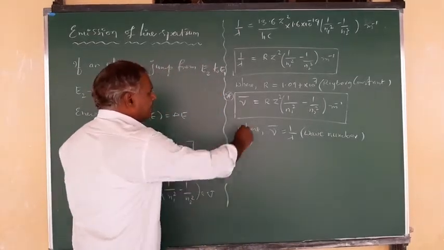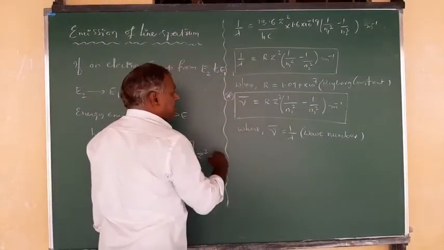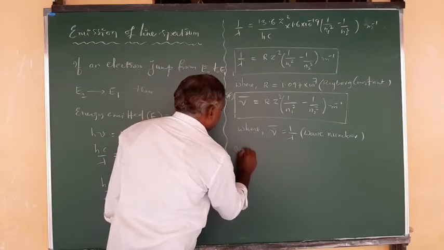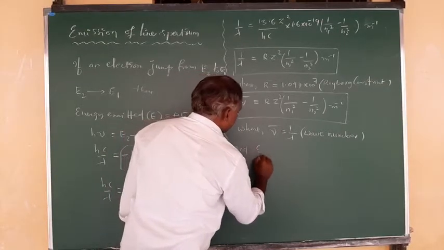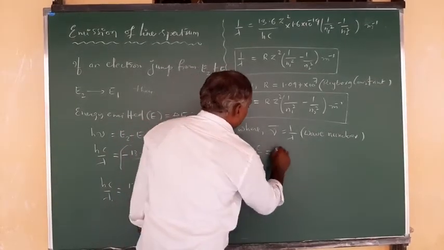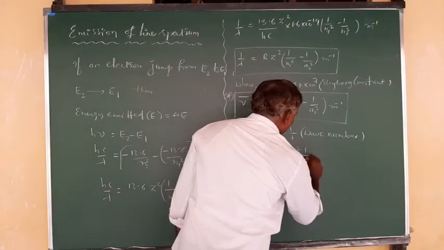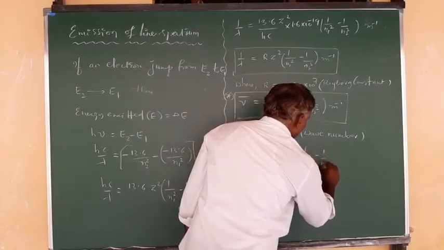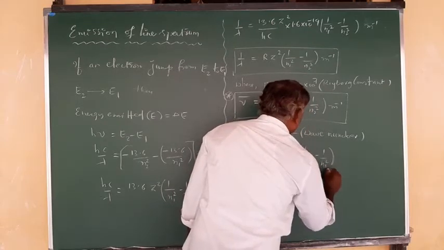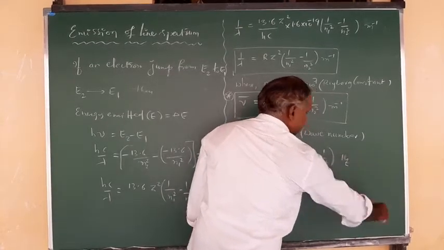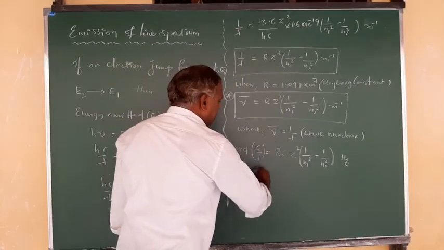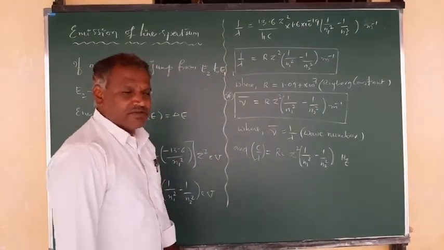I can write c upon lambda is equal to R c Z square into 1 upon n1 square minus 1 upon n2 square. It is in hertz, because c by lambda is the frequency.